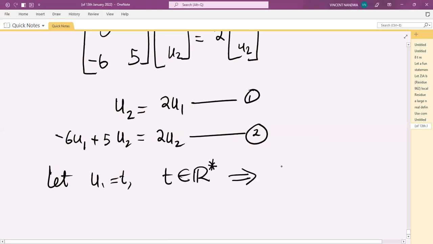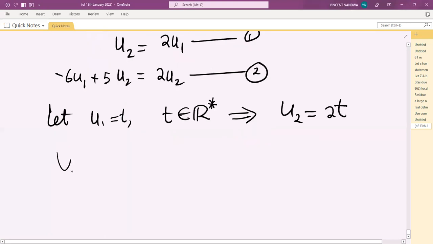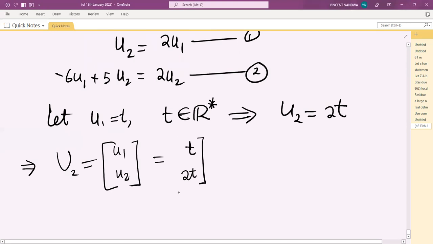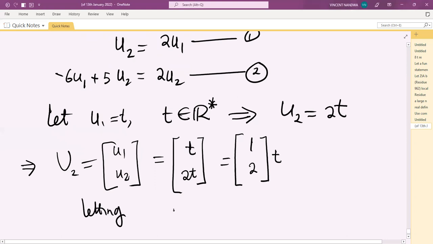So this will imply, from equation 1, that the vector [U1; U2] will be [t; 2t], which will be [1; 2] times t, and letting t to be 1, then the U1 vector will be [1; 2]. So this is the U1 vector.